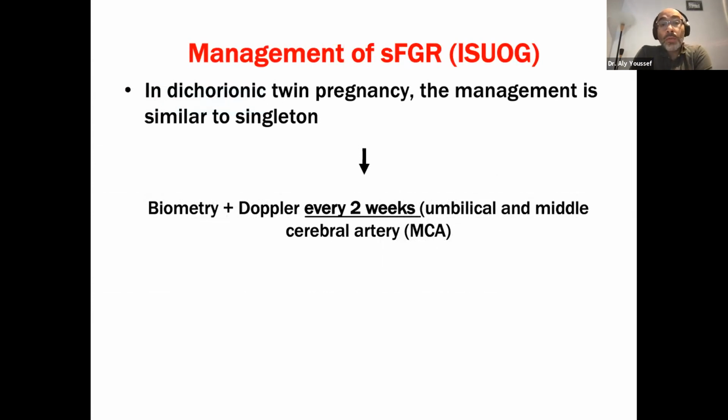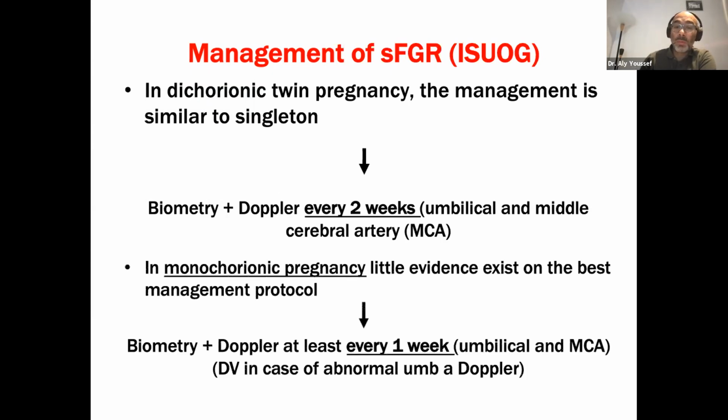Well, in case of a dichorionic twin pregnancy, the management is similar to a singleton pregnancy. You follow up the pregnancy, and the indication of delivery is similar to a singleton pregnancy. You do a biometry and Doppler every 2 weeks, including the umbilical and middle cerebral artery Doppler.